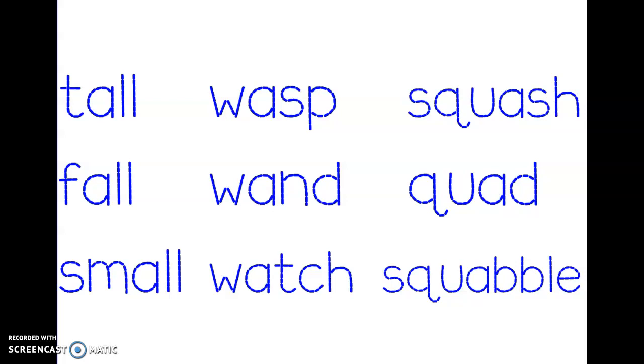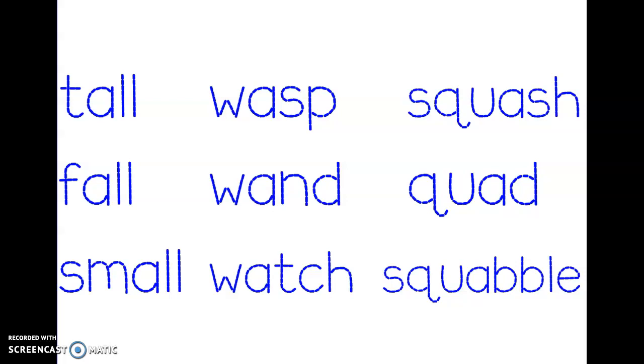Echo these words and listen for the vowel sound in the medial position. Tall, fall, small. What vowel sound do you hear? Good, we hear ah. Let's look at these words and see what is making that sound.